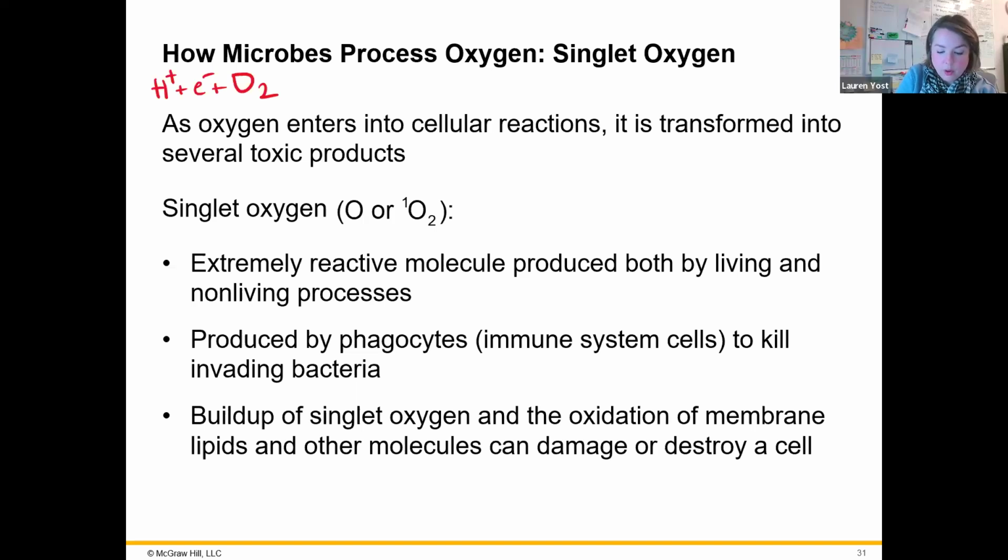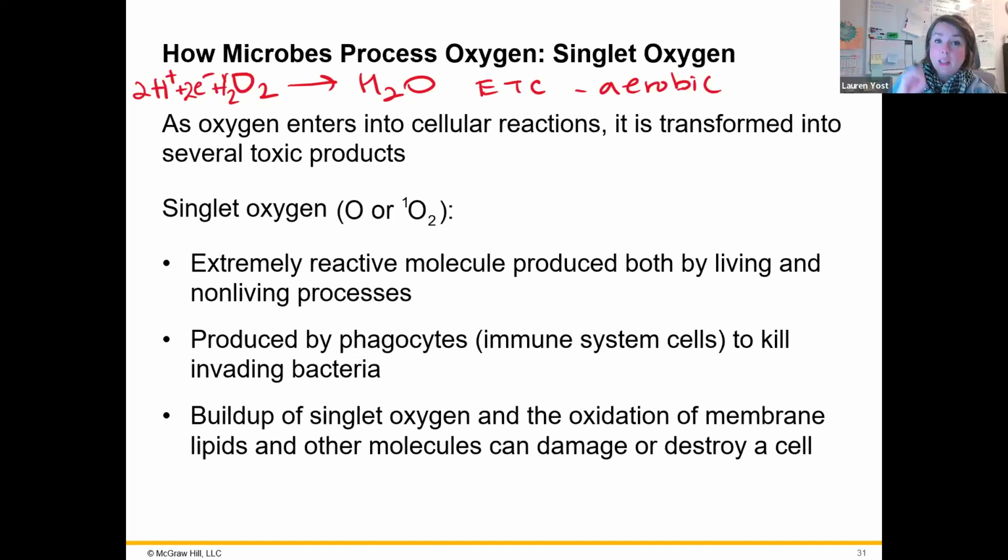So if we take 2 H pluses and 2 electrons and half of an O2, we can make H2O. And that's how we deal with our leftover H pluses and our electrons from the electron transport chain when we are aerobic organisms. Remember, this is happening in the electron transport chain in aerobic organisms.